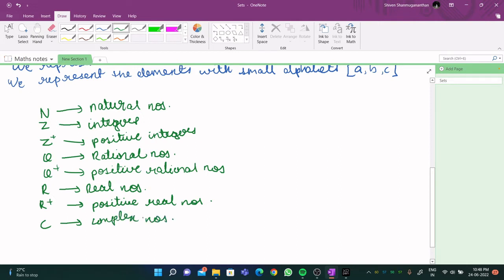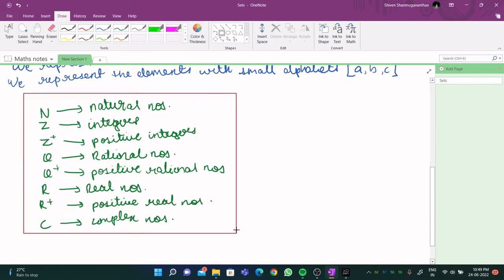Now these reserved alphabets are very important as we use them throughout the chapter. So I will make a square box around them to indicate that they are important. Alright.